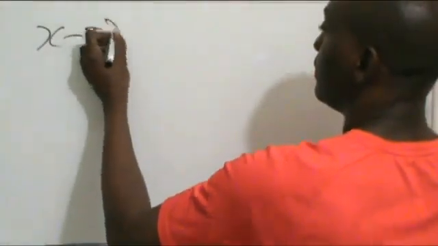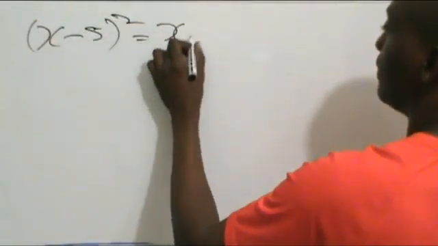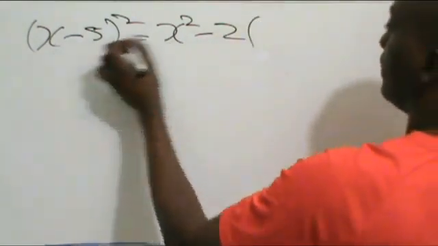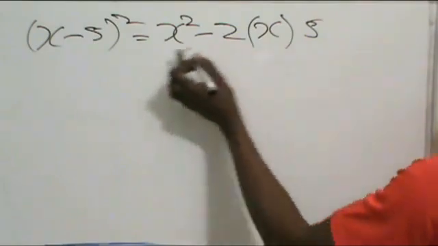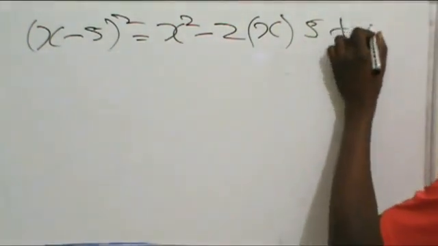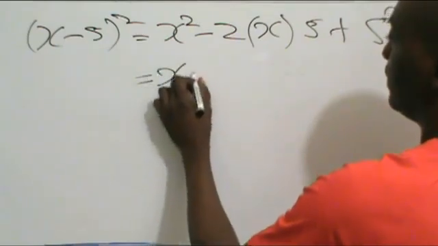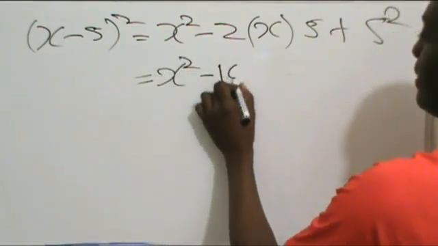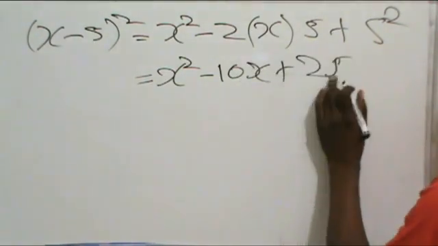So x minus 5 squared is equal to x squared, now we have minus 2 by x by 5 plus 5 squared, which is equal to x squared minus 2 by 5 by x, which is minus 10x, plus 25.